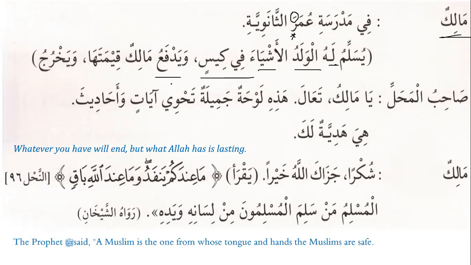Yes, Malik. وَيَدْفَعُ مَالِكٌ, so يَدْفَعُ is fi'l, مَالِكٌ is fa'il, and قِيمَتَهَا is maf'ul bihi. The mushtari's name has been changed into Malik. So he pays its value, or the money, or the price.